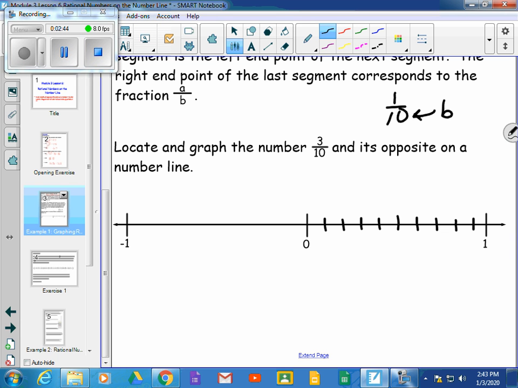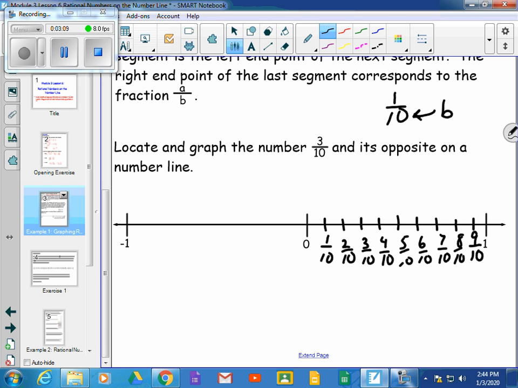Then each of these segments would be worth a value of 1/10. This will be 1/10, 2/10, 3/10, 4/10, 5/10, 6/10, 7/10, 8/10, 9/10, and then of course one whole is equal to 1 or is equal to 10/10.